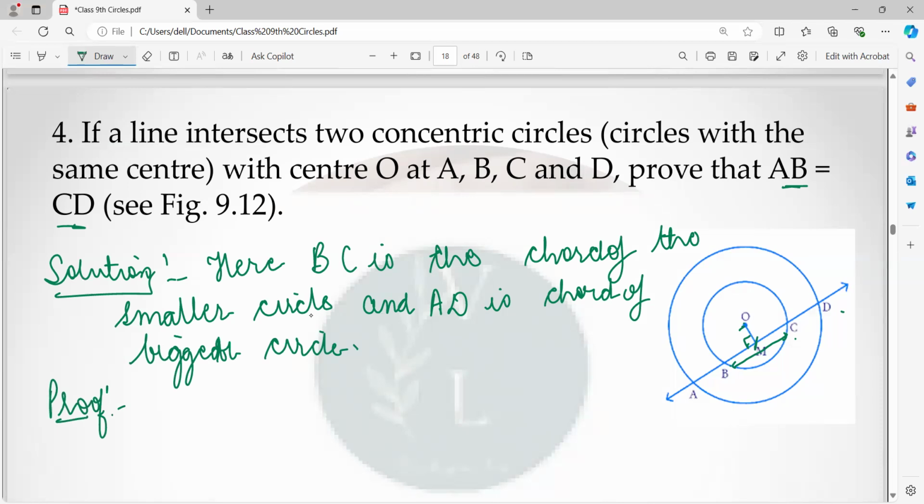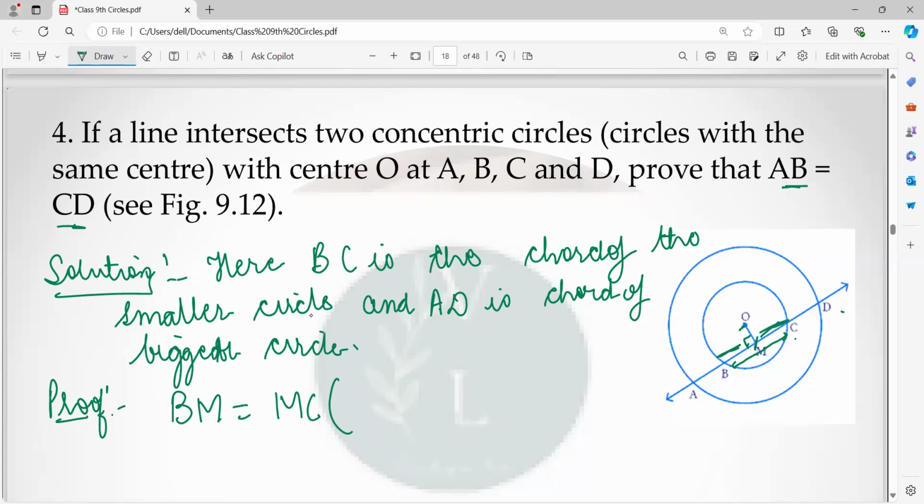So first of all, we can see that here the perpendicular is drawn from the center to the chord, and perpendicular drawn from the center to the chord bisects the chord. So that is, we have BM is equal to MC. This part is equal to this part.